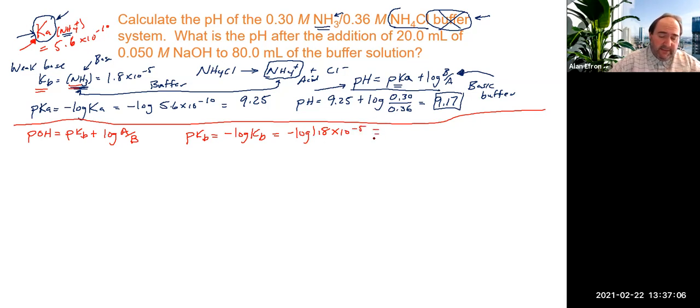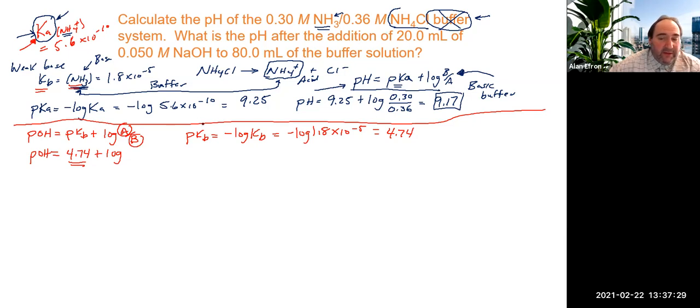If we do minus the log of 1.8 times 10 to the minus 5, 4.74 would be our pKb value. So 4.74 plus the log, and remember that with this equation, in addition to this being the pKb, it's the acid on top and the base on the bottom.